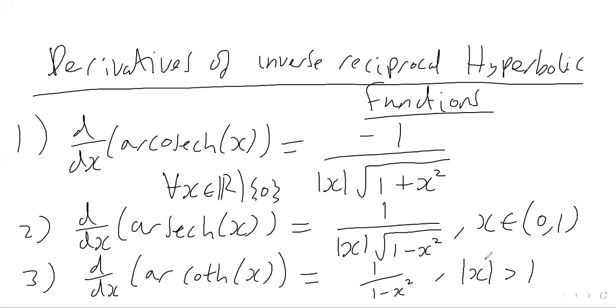But the ARTANH function is defined for x values which have a modulus less than 1, whereas the ARCOTH function is defined for x values with a modulus greater than 1, as we can see there.